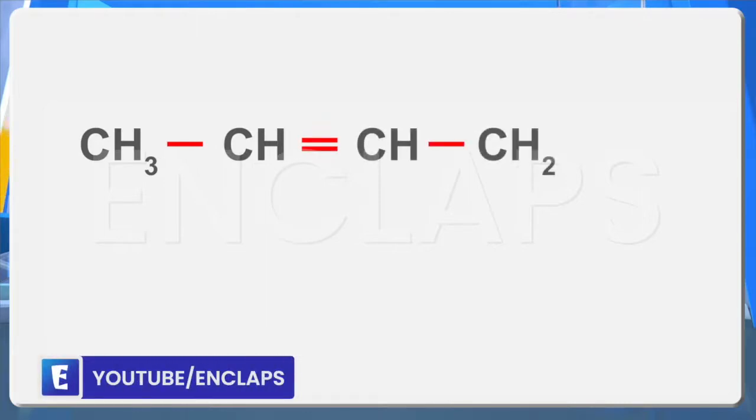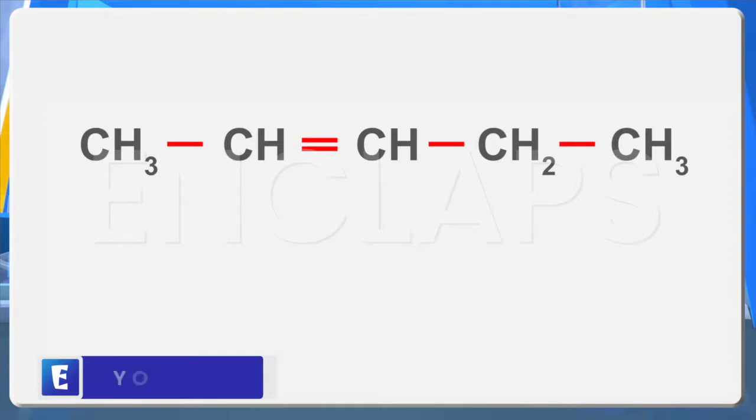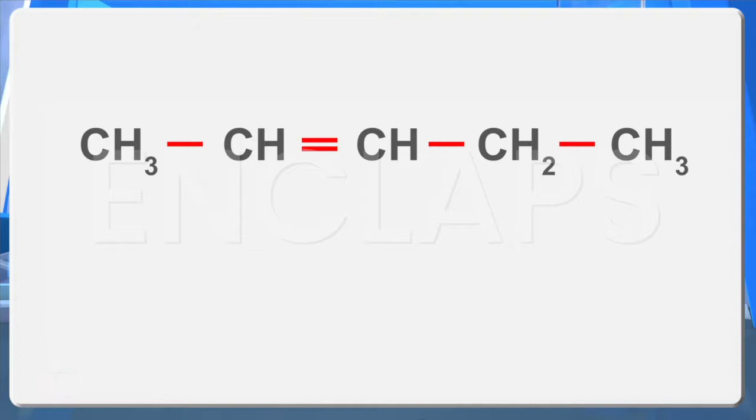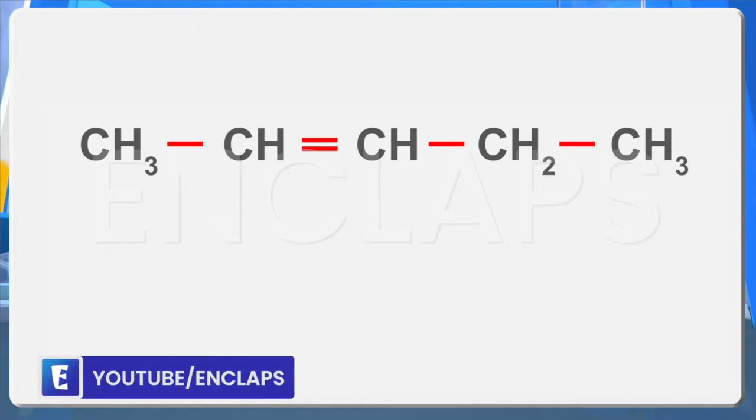Here we have to mention the position of the double bond in the IUPAC name. So when we number the carbon chain, the numbering should be done in such a way that the double bonded carbon atom gets the lowest number.